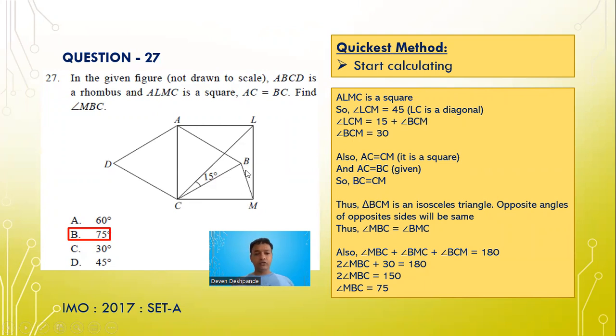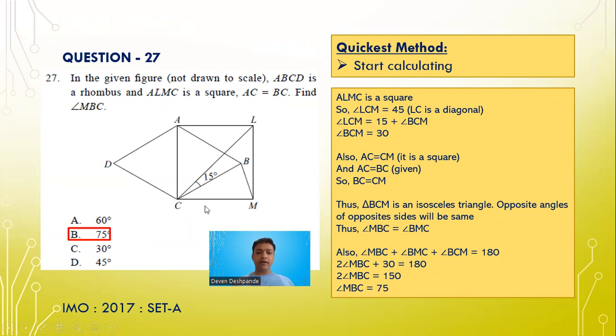Now it is simple. If you take this triangle BCM, angle MBC plus angle BMC plus angle BCM is 180. Sum of the angles of a triangle is 180. Also angle CBM is the same as angle BMC.